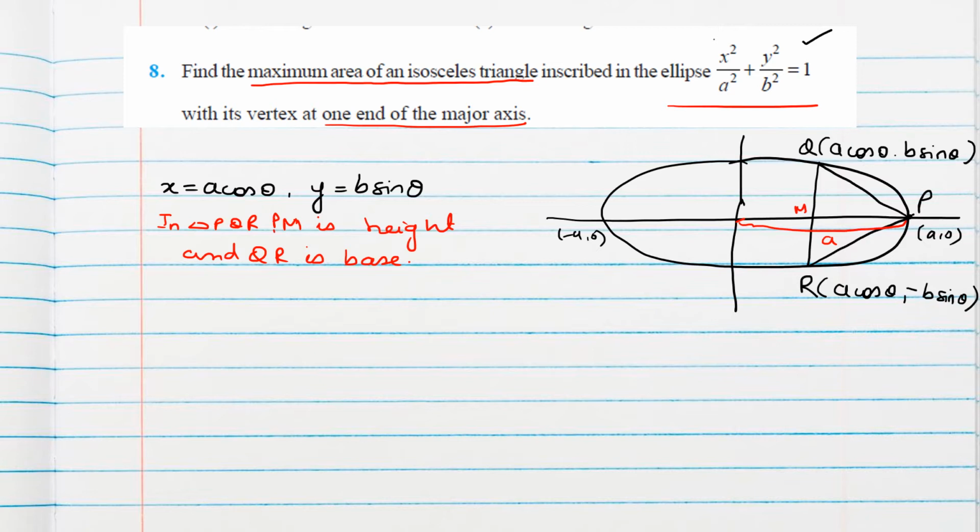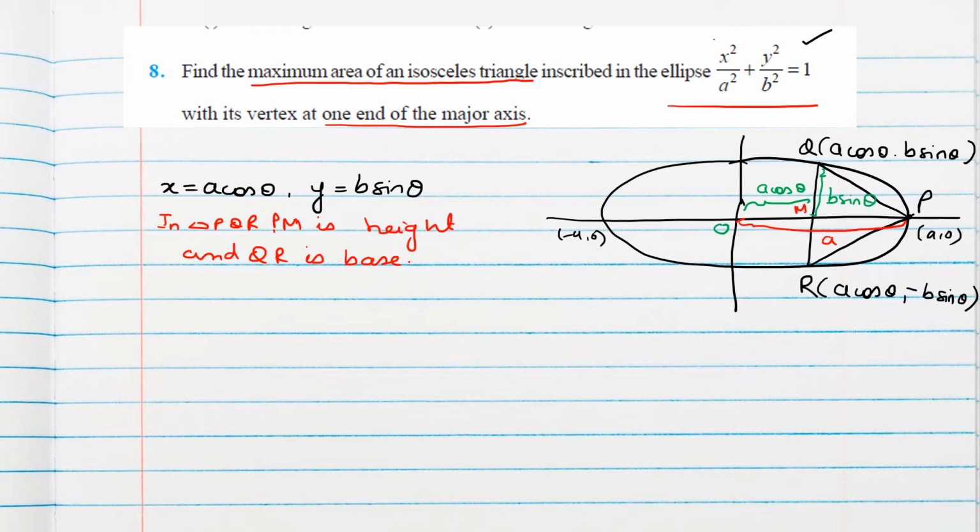Now from here to here, suppose this length, this is the origin O, OM will be what, since this is perpendicular. The x coordinate of this point will be a cos theta, that means this distance is a cos theta. And QM will be b sin theta.